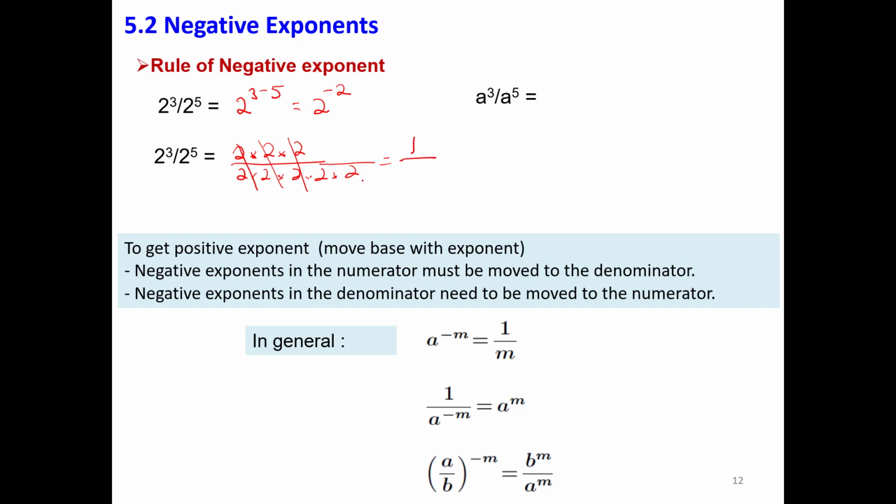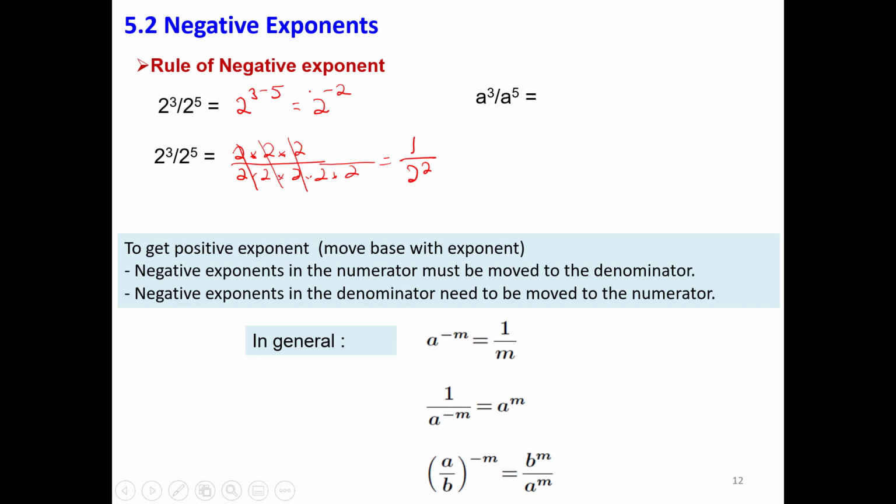But the 2 to the second is in the denominator, so we keep it in the denominator, 2 to the second. Again, this expression equals 2 raised to the minus 2, and the same expression equals 1 over 2 to the second.